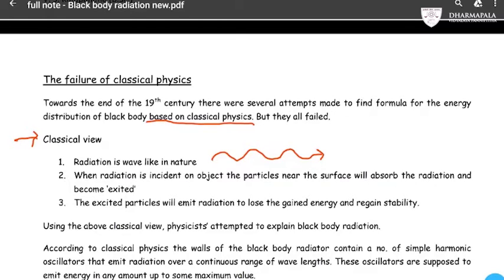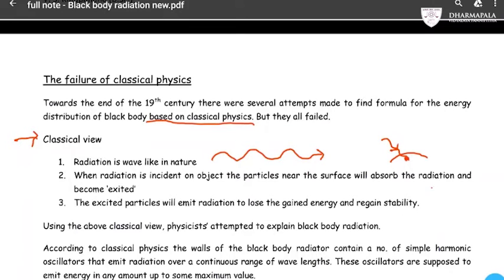All objects have particles, which we call atoms. When a wave is incident on it, these particles absorb energy and go to an excited state, which means a high energy state. The excited particles will emit radiation to lose the gained energy and regain stability.